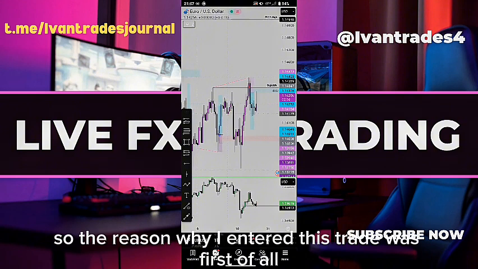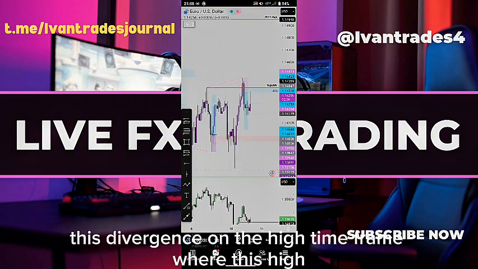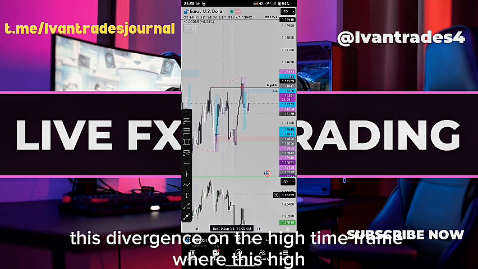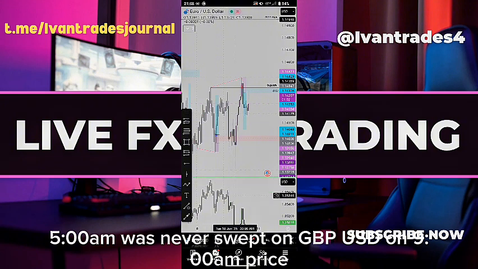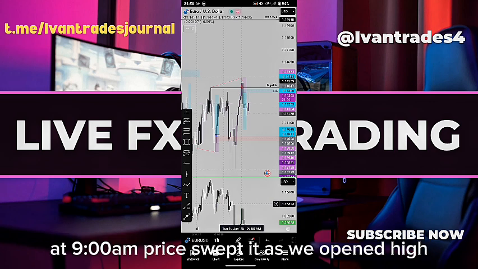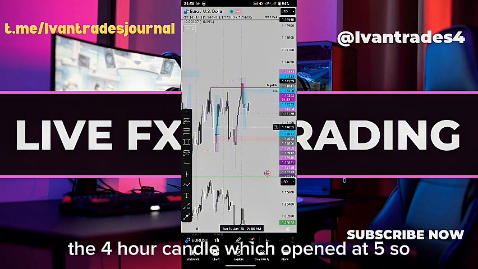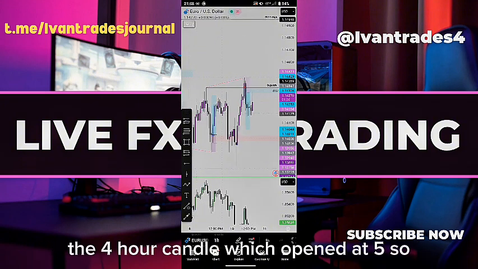The reason why I entered this trade was, first of all, this divergence on the high time frame, where this high, which was created on Monday 5 a.m., was never swept on GBP/USD at 9 a.m., whilst at 9 a.m. price swept it as we opened high on the 4-hour candle, which opened at 5.